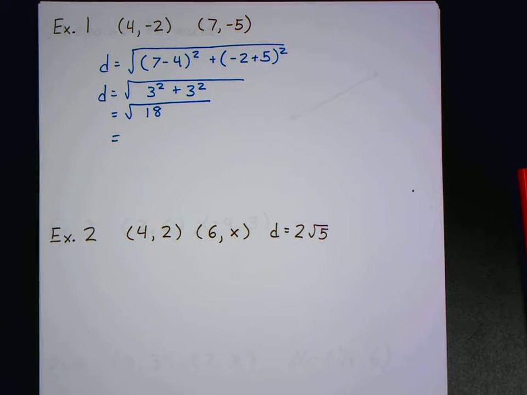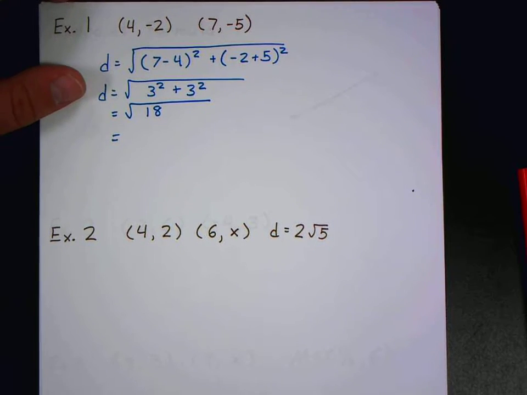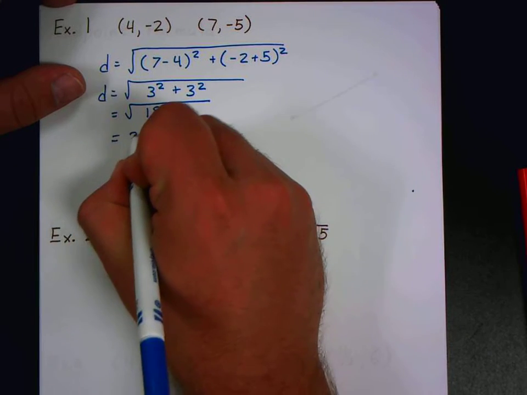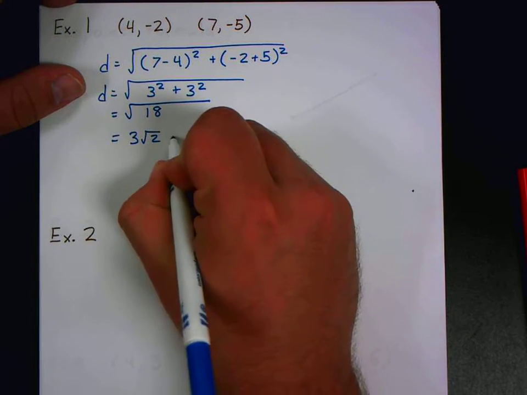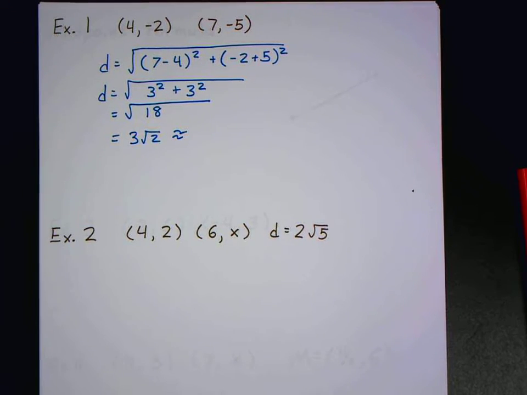Now, we haven't talked about simplifying square roots yet, so you do not have to simplify your square roots yet. We will talk about them. If you want to simplify your square roots, fine. If you want to give me a decimal, fine. One way or another, it needs to be simplified. Do not leave it a square root of 18. So, I either want 3 square root of 2 or the decimal equivalent of that.